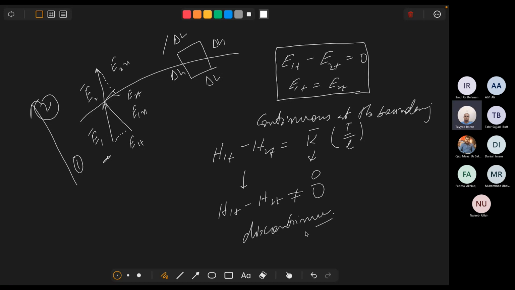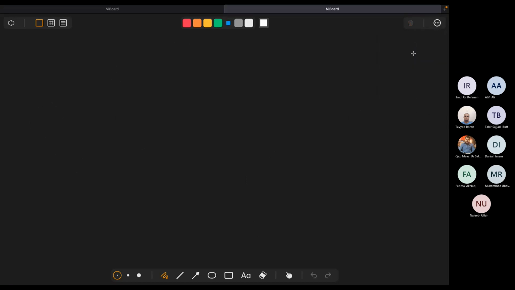तो हमने एक और डायग्राम ड्रा की थी। That was like, okay, so here we are only considering the normal components.